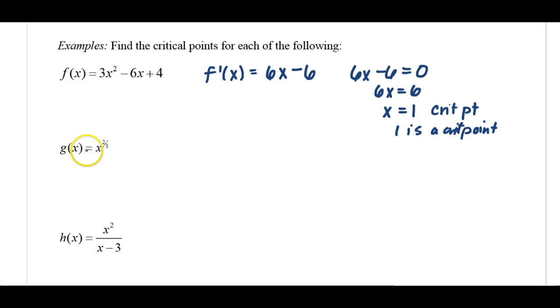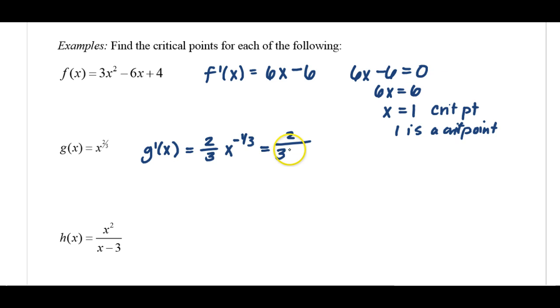Taking a look at the next example, g of x equals x to the 2/3. So we need to find the derivative. So I have 2/3 x to the negative 1/3. And I want to find where this is 0 or undefined. When I have x raised to the negative 1/3, this is the same as moving x to the negative 1/3 to the denominator where this 3 is.